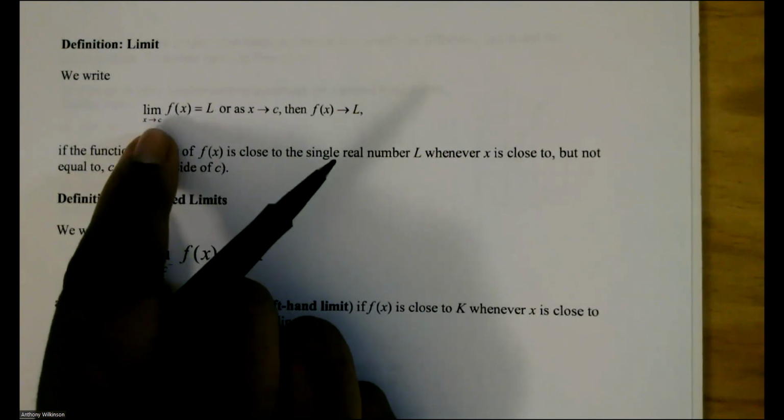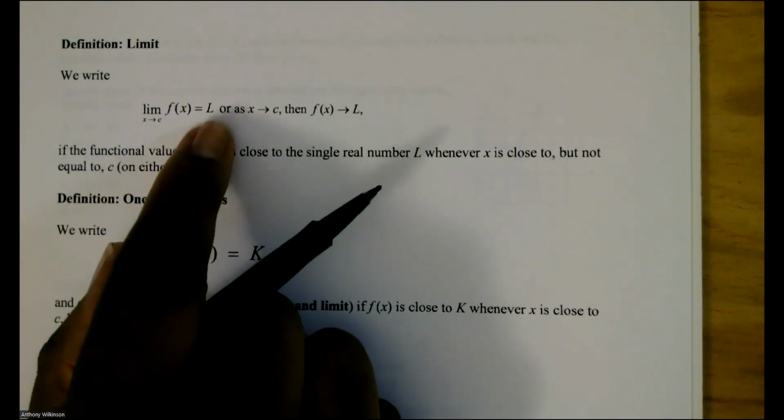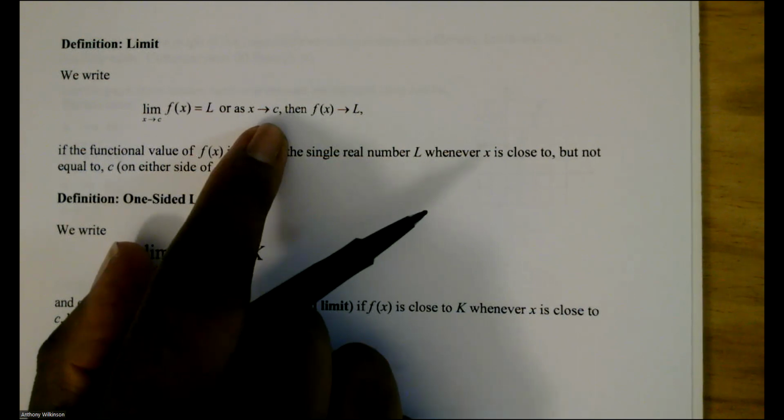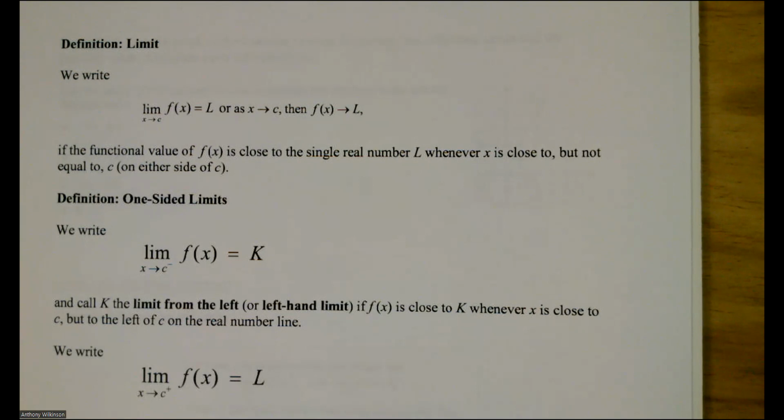The limit as x approaches some constant c of the function f of x is equal to L, or as x approaches some constant c, then f of x will be approaching some limiting value called L. And that is if the function value of f of x is close to the single real number L, whenever x is close to but not equal to c. And that's on either side of c.